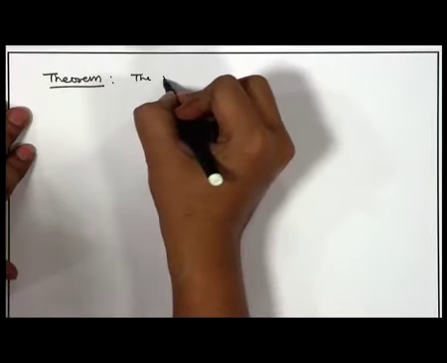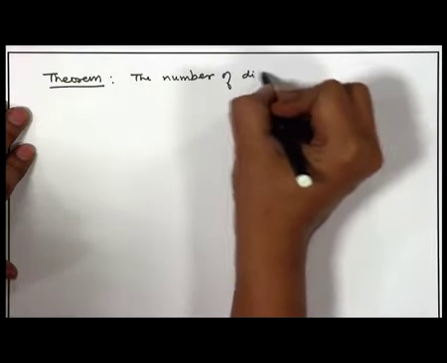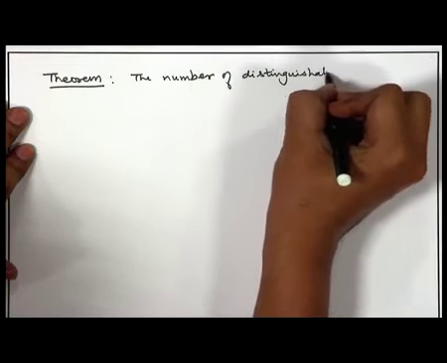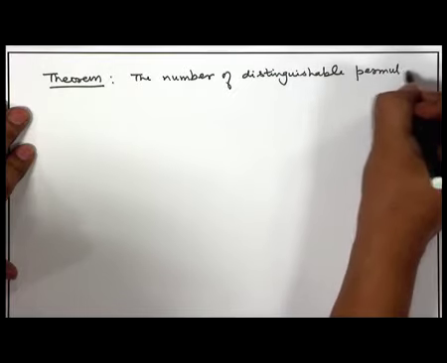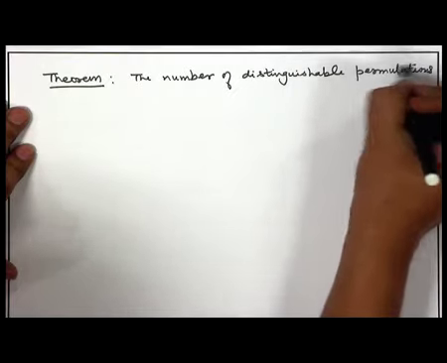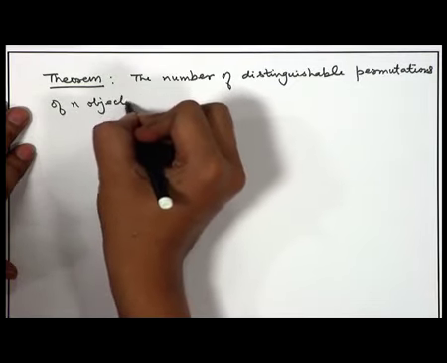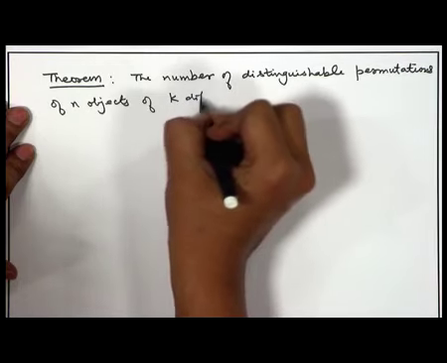The number of distinguishable permutations of n objects of k different types.